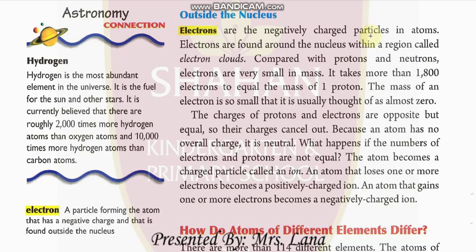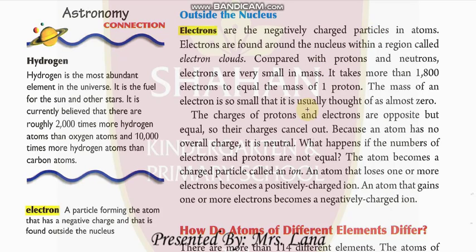It takes more than 1,800 electrons to equal the mass of one proton. The mass of an electron is so small that it is usually thought of as zero.